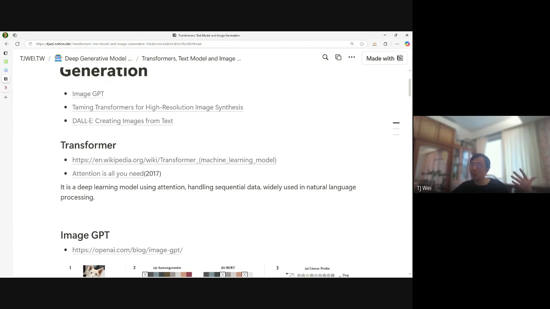This applies to the transformer because although it is not considered an old technology, the transformer was invented in 2017, so it is not something developed decades ago. But because it is so popular and so trendy, I think Wikipedia is still a pretty good starting point.